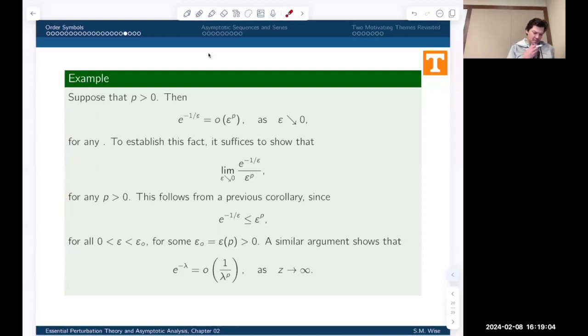Then, I think this one we have to be very careful, remember, because I made some mistakes involving reciprocals and negative signs before. I think this is okay. E to the minus 1 over epsilon is little o of epsilon to the p for any p.